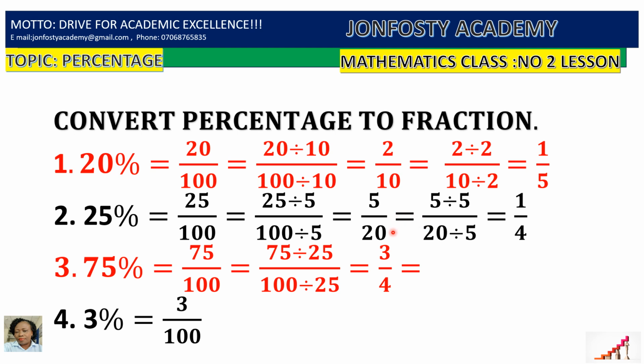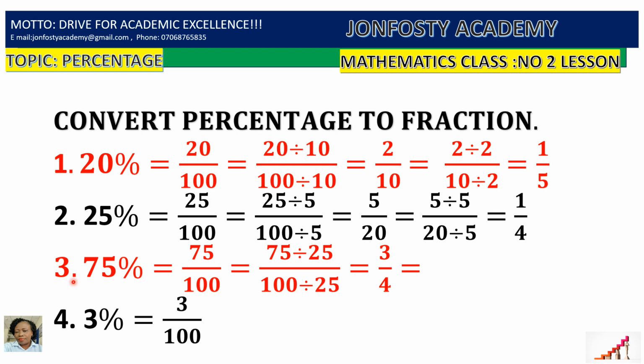And for 5 over 20, we check that it's still big, especially the denominator, 20. We say let's further divide by 5 to bring it to a smaller fraction. And that's how we got 5 divided by 5 equals 1, and 20 divided by 5 equals 4.